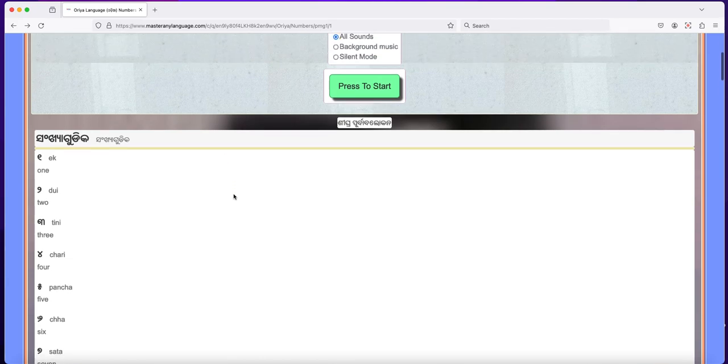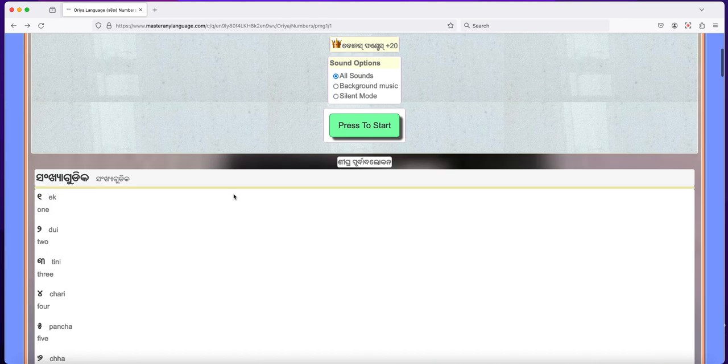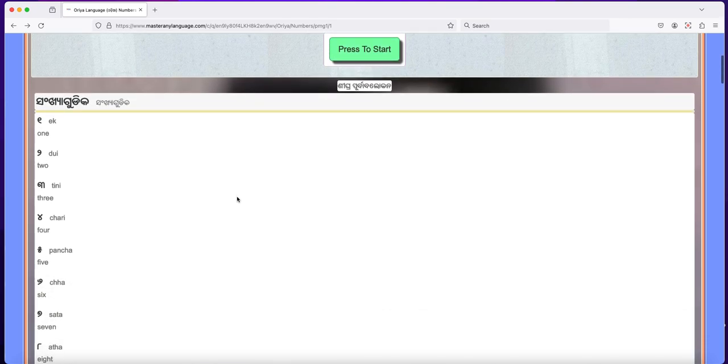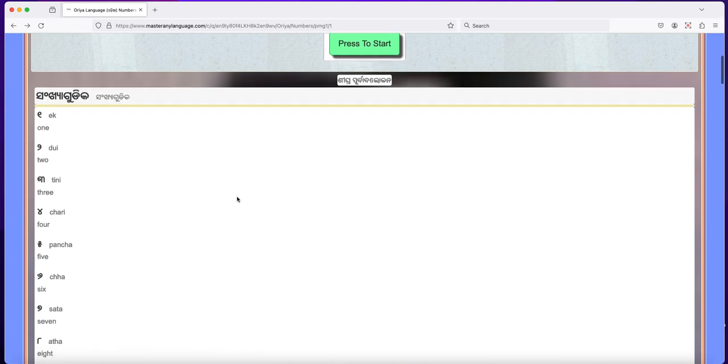But that's not important now. Important is that we become familiar with what the numbers are. And when you're in the situation with real Oriya speakers, or you need to hear the language, or you're using it yourself, that's when your personality will draw out the accent that you need, depending on who you're speaking with and how it needs to be used.